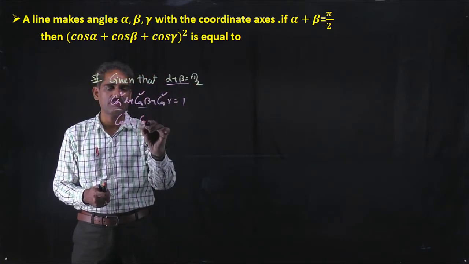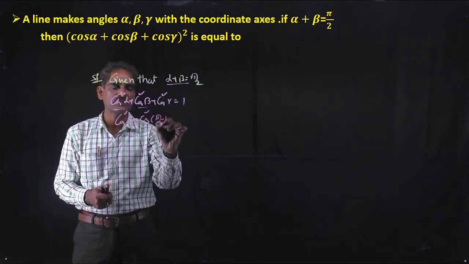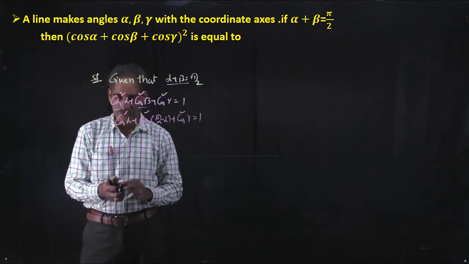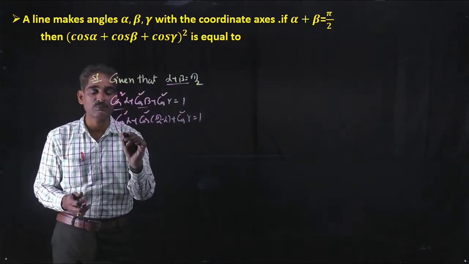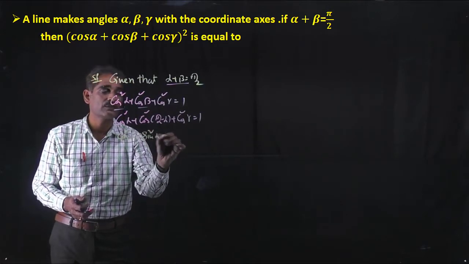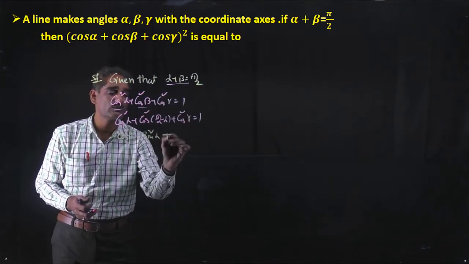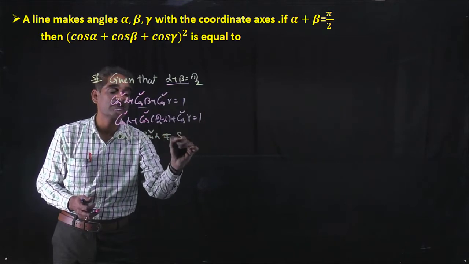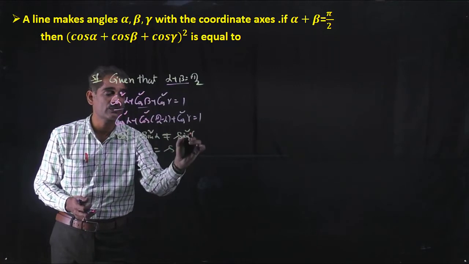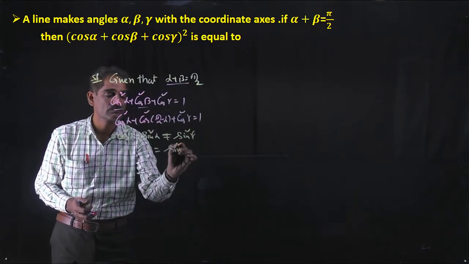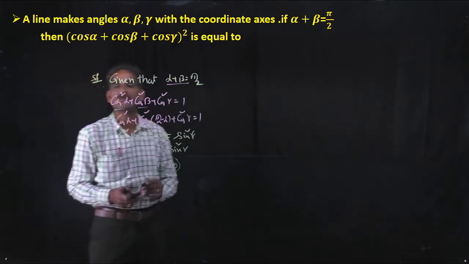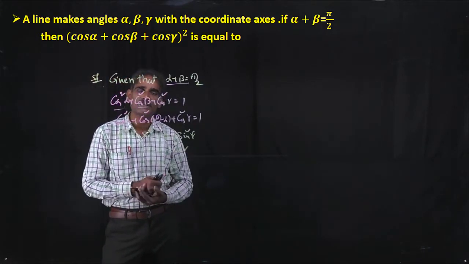Then cos square of 90 minus alpha plus cos square gamma is equal to 1. This is nothing but sin square alpha, so cos square alpha plus sin square alpha is 1, and 1 is equal to 1 minus cos square gamma, which is sin square gamma. So sin square gamma is 1, so gamma is equal to 90 degrees.